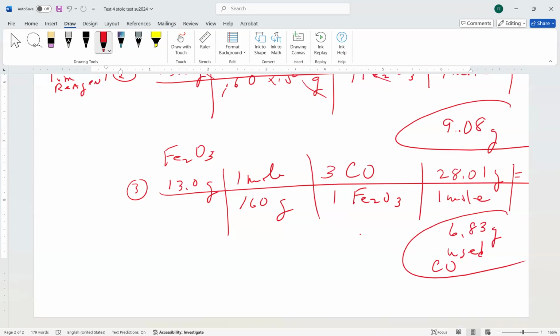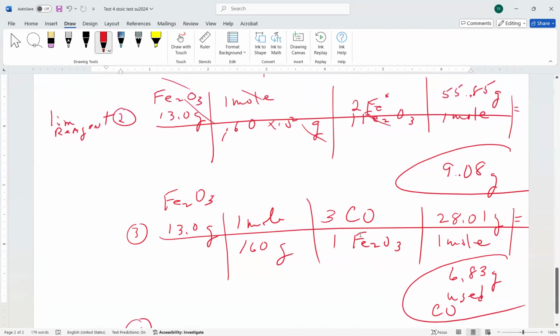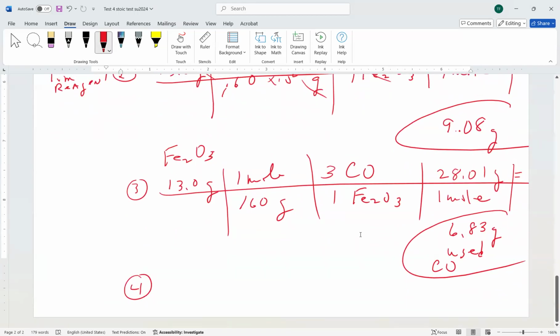Step 4 is to find how much is left over. Okay, so we started with 13 and we've used 6.83.